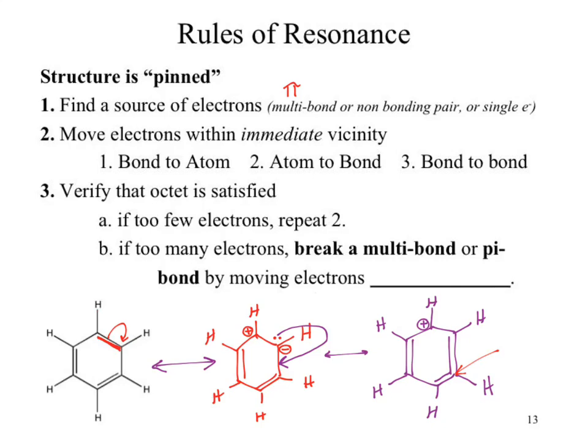So I look at my previous drawing and say, if I move those electrons there, I invalidate that octet. That carbon has too many electrons. So what can I do if it has too many electrons? Move electrons. Well, what electrons can I move when I deal with resonance? Multi-bonds, right?